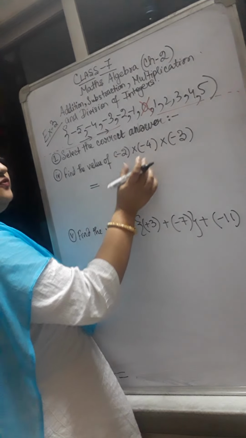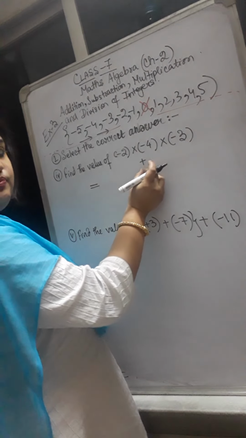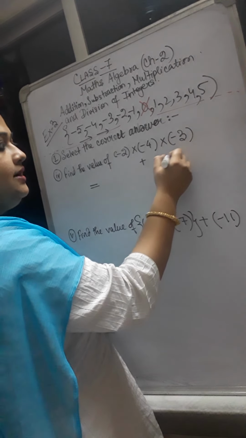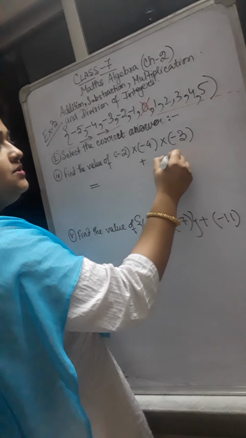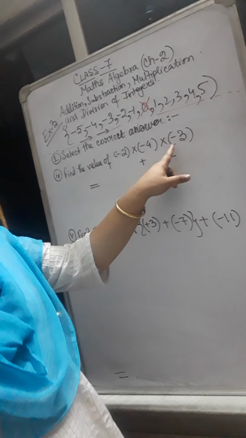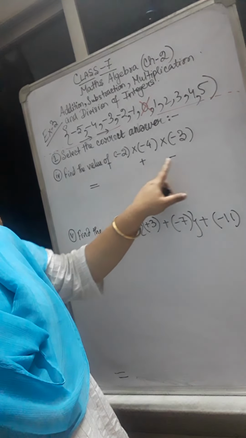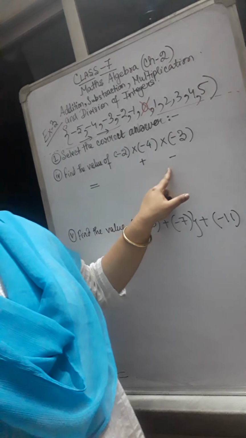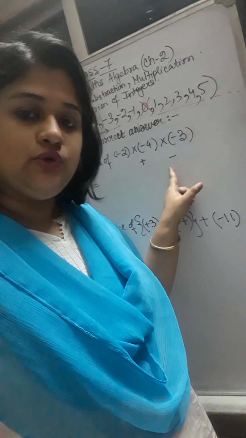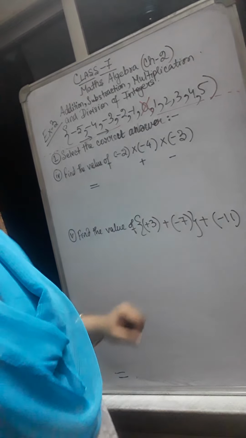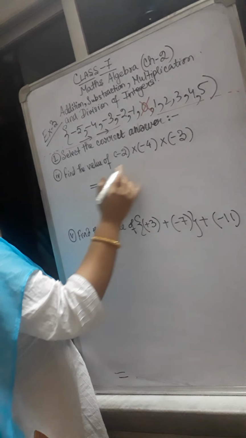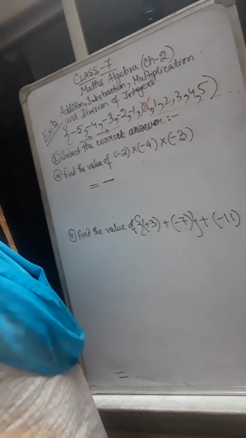So with the result of these 2, that is the plus sign, you need to multiply the third sign, which is minus, the sign of the third number. So plus into minus, opposite signs multiplied, always gives you minus as the result. So the result will have a minus sign.